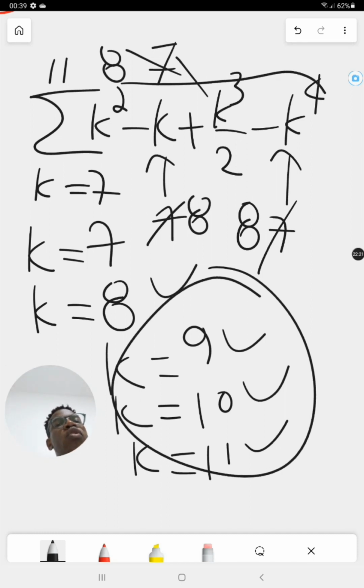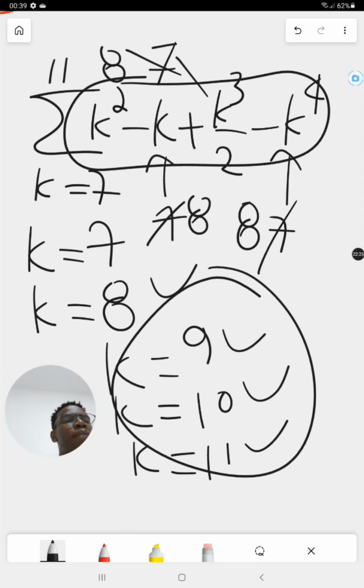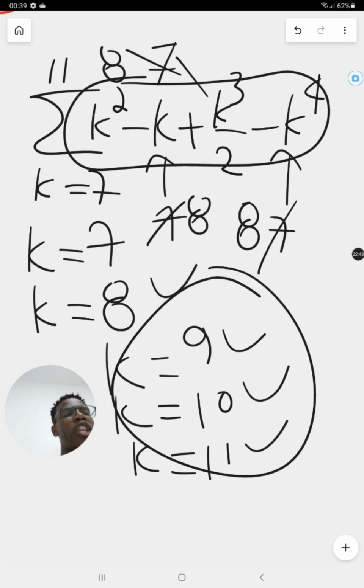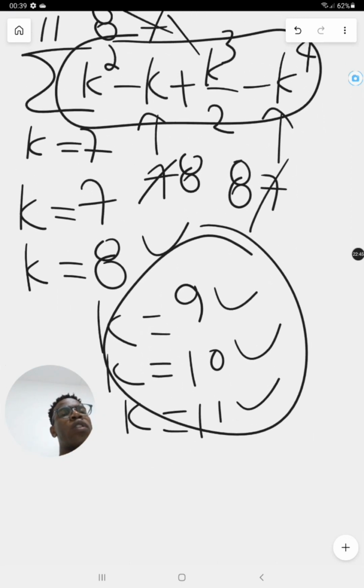This shouldn't confuse you. This shouldn't intimidate you. It's basically a compressed version of a series. It is a series, just expressed in sigma notation. You're going to see this notation in sequences and series.